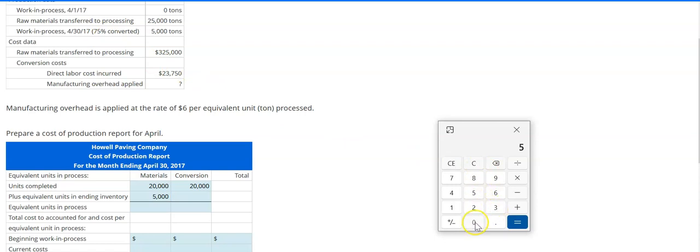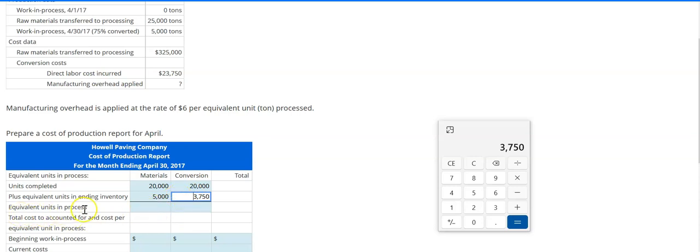So we have to take this 5,000 and multiply it by 0.75. And so we would say that we have 5,000 equivalent units as to materials and 3,750 equivalent units as to conversion.